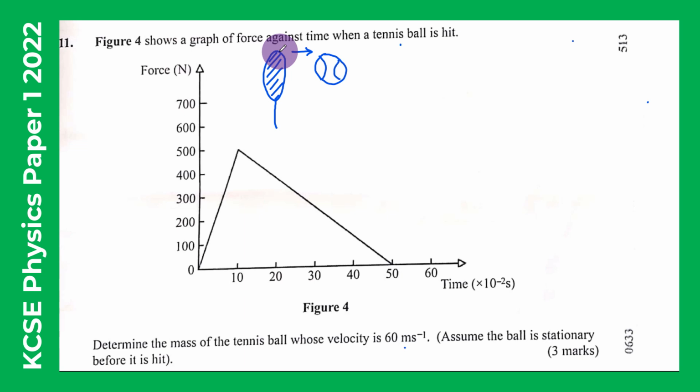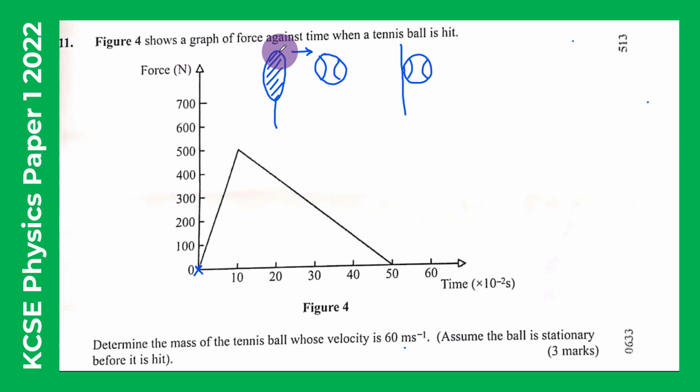So there is going to be a point that the racket, which is moving very fast, just makes contact with the tennis ball here. It just makes contact with it. That is this point that we have here. Just makes contact.